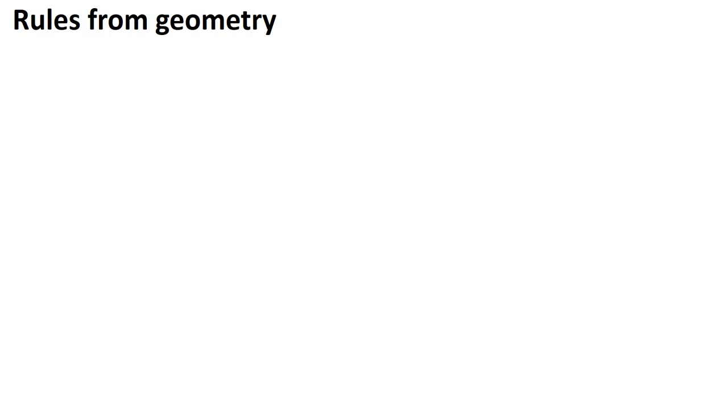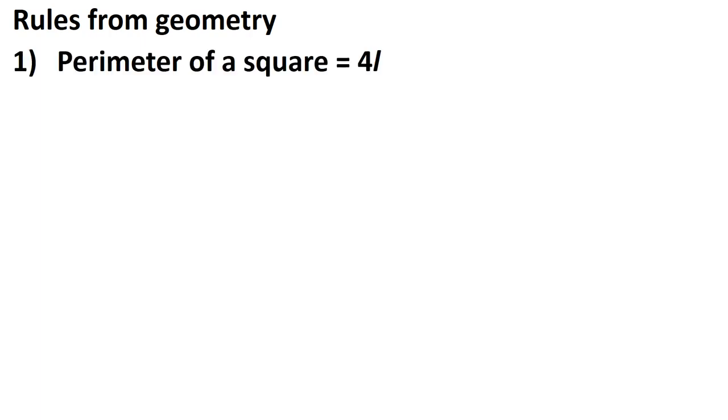Now see rules from geometry. Perimeter of a square is side plus side plus side plus side. That means if the side is L centimeter, the perimeter is 4L. Here L is a variable. L can be any number.